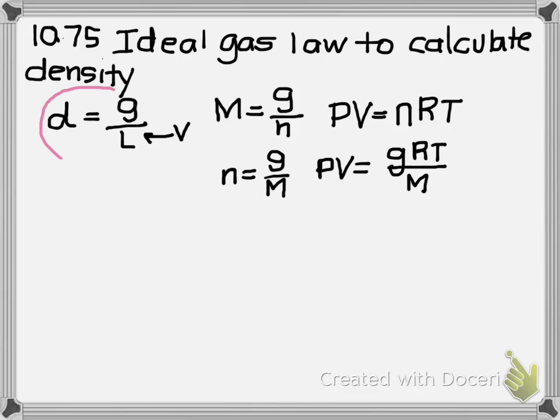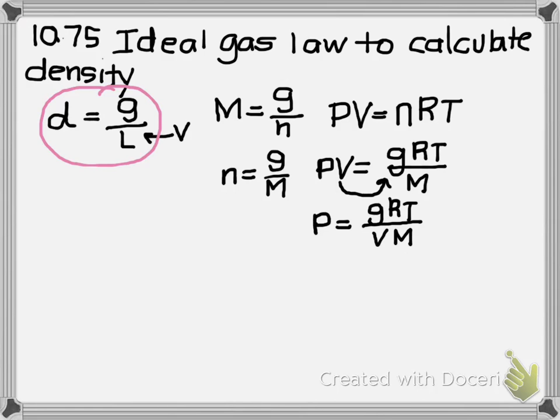See over here? Density is g over V. So I'm going to rearrange this equation, the ideal gas law, and bring the volume over. I'm just going to say P equals gRT divided by V over M.